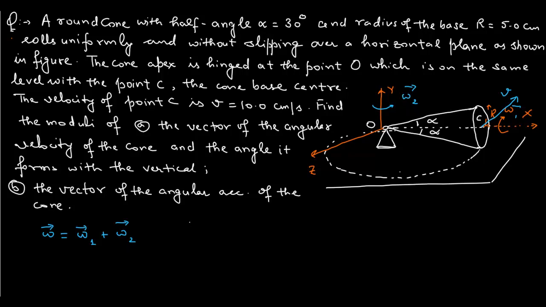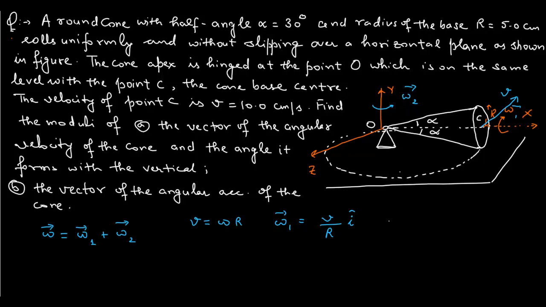Now what are the values of omega 1 and omega 2? For this we have to consider its motion. This cone is rolling, and from the concept of rolling we know that v is equal to omega r. From here omega 1 is equal to v by r, and its direction is along the x-axis, so here it is i cap.